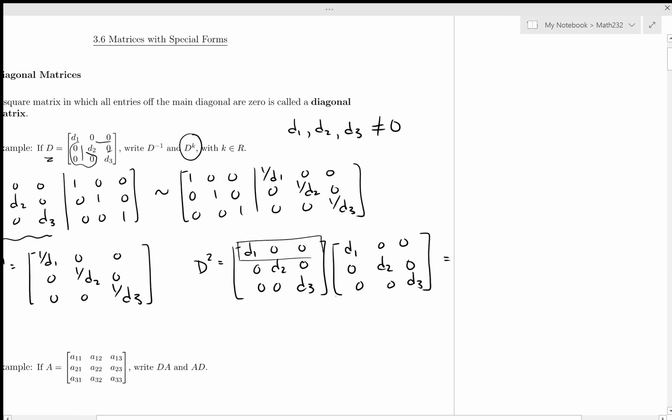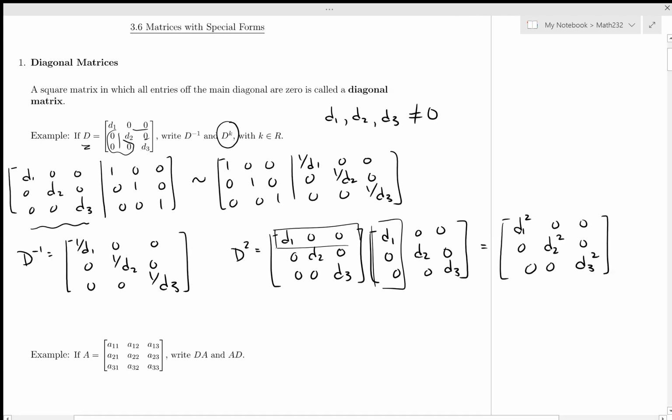I'll get this here: D1 squared, 0, 0, 0, D2 squared, 0, 0, 0, D3 squared. Now you can see if I then multiplied again, I would get D cubed. It's not hard to see what's happening here.